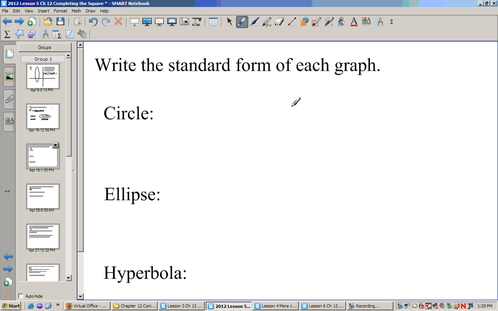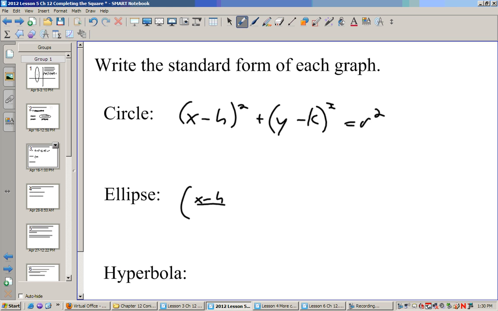Alright, so let's write the standard equation for each graph. Circle is x minus h squared plus y minus k squared is equal to r squared. Ellipse, we have x minus h over a squared plus y minus k over b squared, and that's equal to 1.